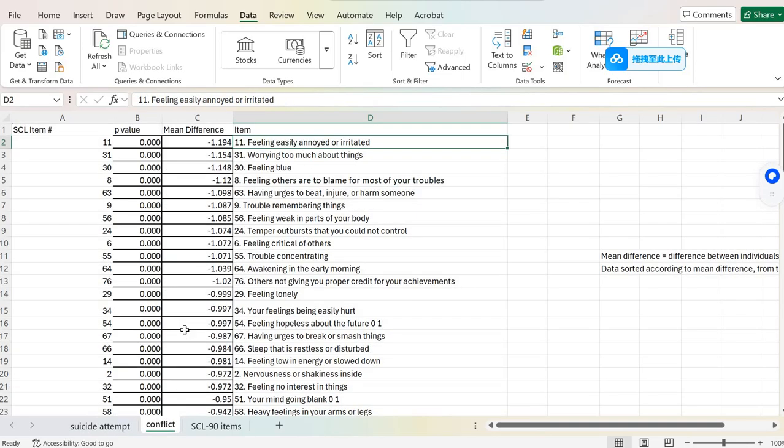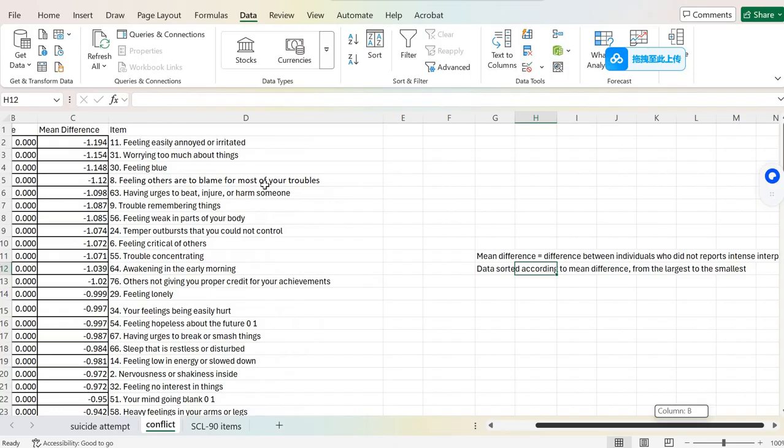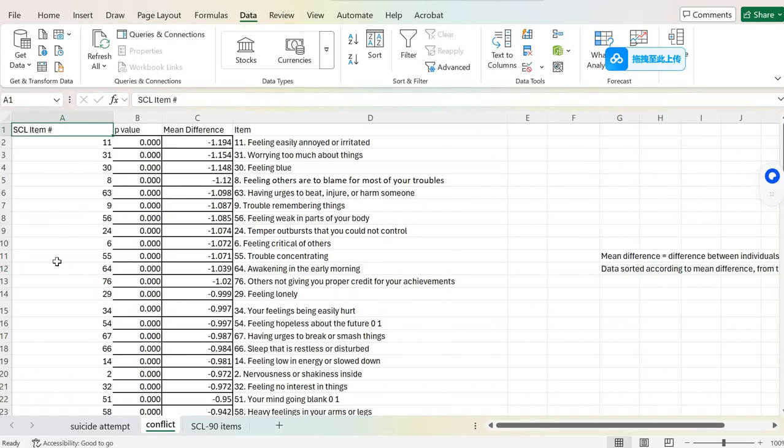What about those people who had experienced interpersonal conflict? I ranked them already. I sorted them according to mean difference, from the biggest difference to the smallest difference, and the top 10 biggest differences.